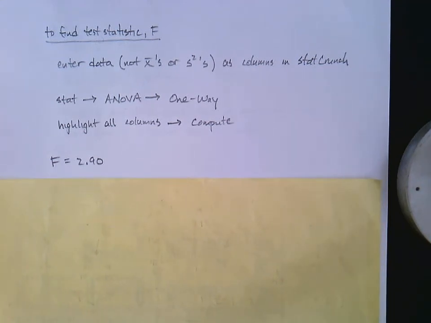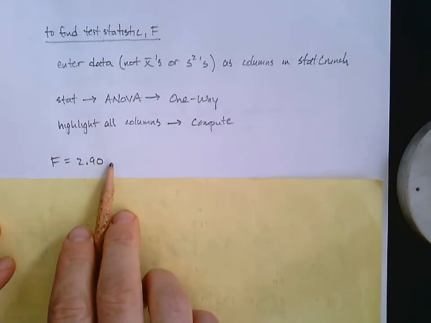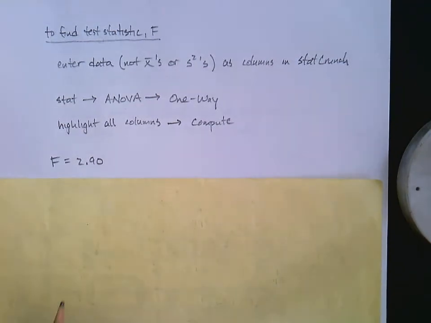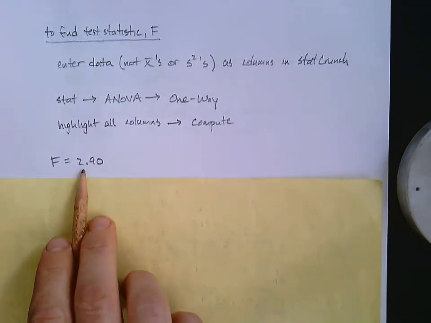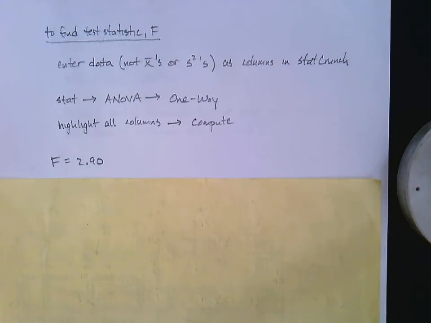In this case, if you enter in the data for those 3 categories and follow my steps here, somewhere toward the bottom right, you're going to find F equals, and I rounded this to 2 places. I think there were a few more decimal places there in StatCrunch. 2.90.